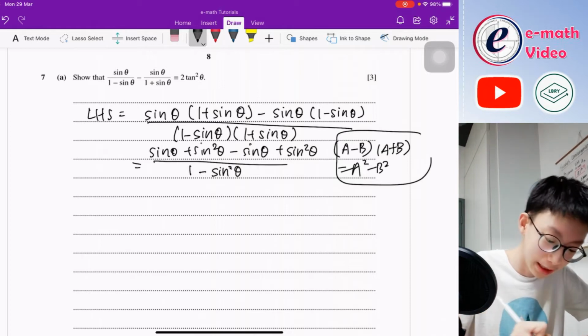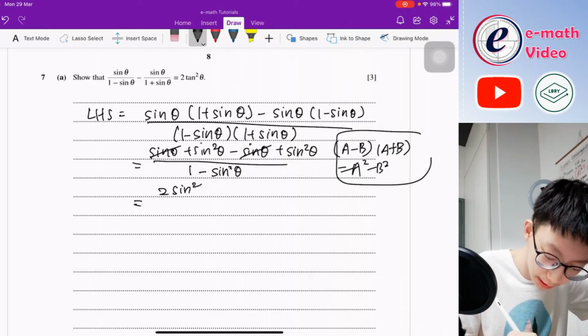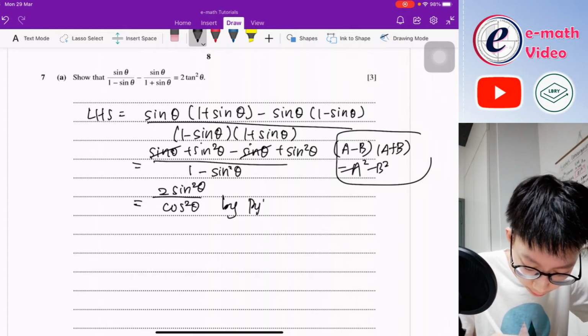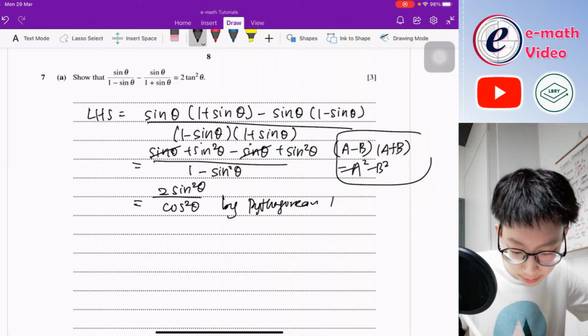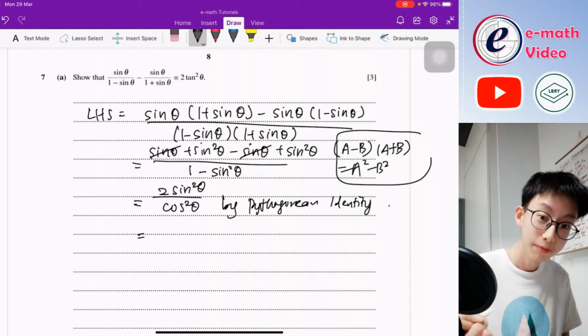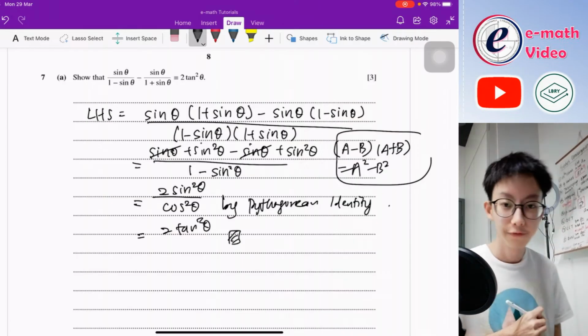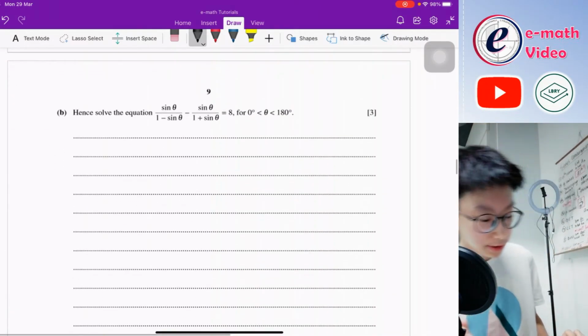And on top, you can just cancel this, cancel that. It will be 2 sine square theta over cos square theta by the Pythagorean, or basic, identity. It will be 2 tangent square theta. End of proof, QED.